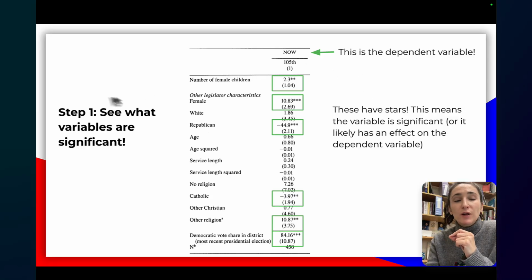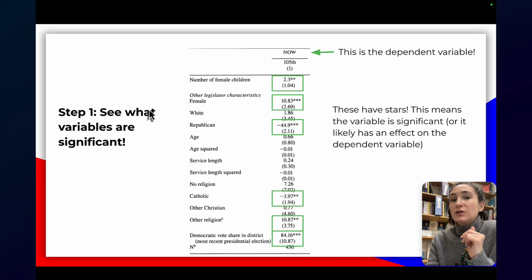Now, what you want to do with regressions, especially regression tables, is see what variables are significant.